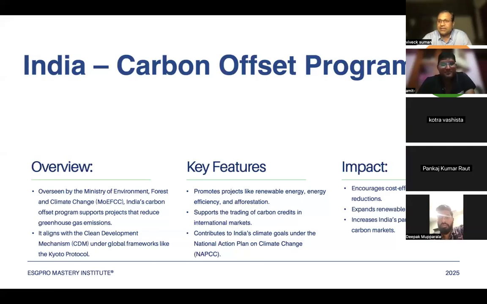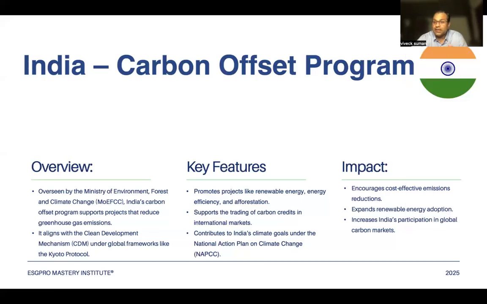Now, the government wanted to create a compulsory market, the same as the EU ETS, right? In 2023 they created the CCTS system, or carbon offset program. This carbon offset program is also part of NAP, which we learned in chapter 1.